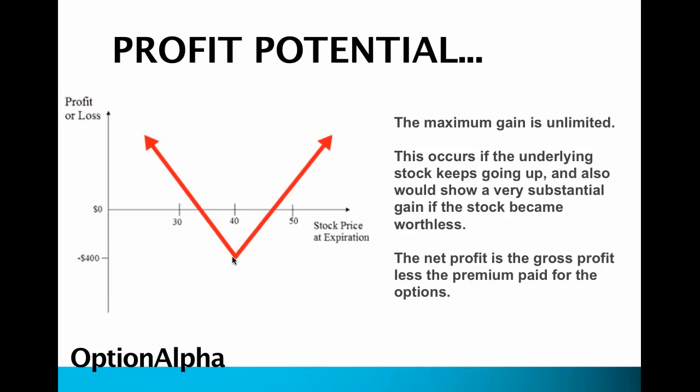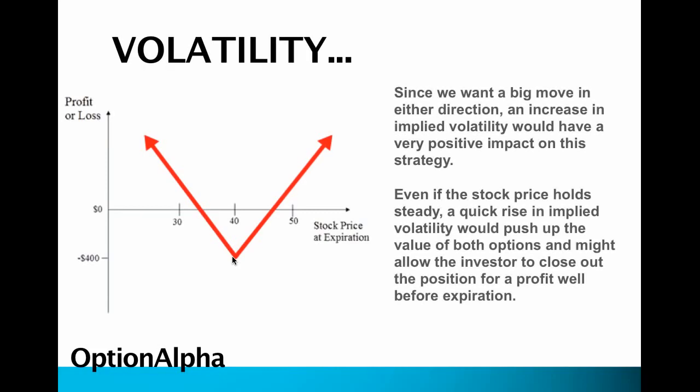So long as the stock moves and moves in a very violent fashion, then you actually are going to make a lot of money. With volatility, since we want a big move in either direction, an increase in implied volatility would have a very positive impact on this strategy. Now notice that I would use the word increase in volatility on this particular slide. A decrease in volatility is not going to help our position.